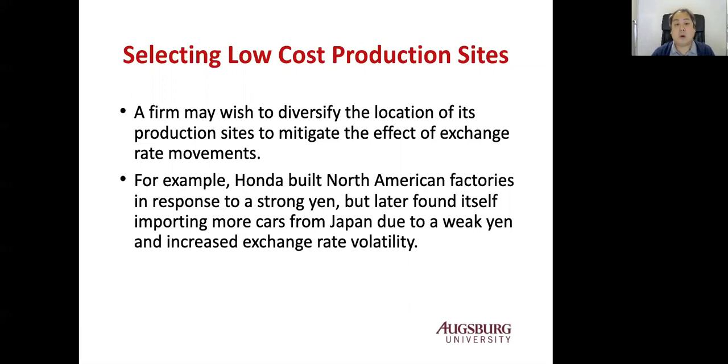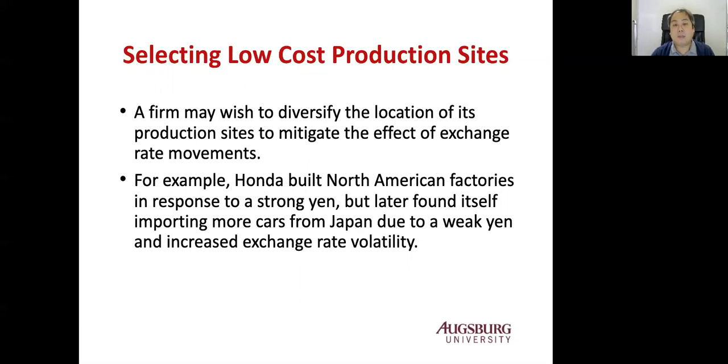So for example, Honda built North American factories in response to the strong yen, right? So strong yen, if they produce in Japan, they lose competition. Their competitive position is bad. So they moved the factory to North America, to the United States, to avoid this problem. Later found itself importing more cars from Japan.